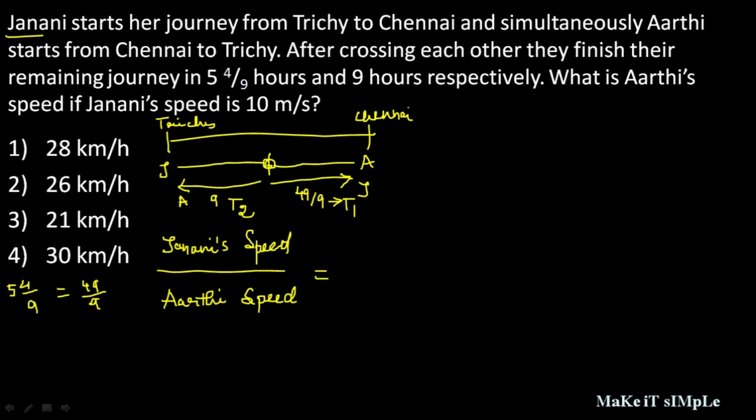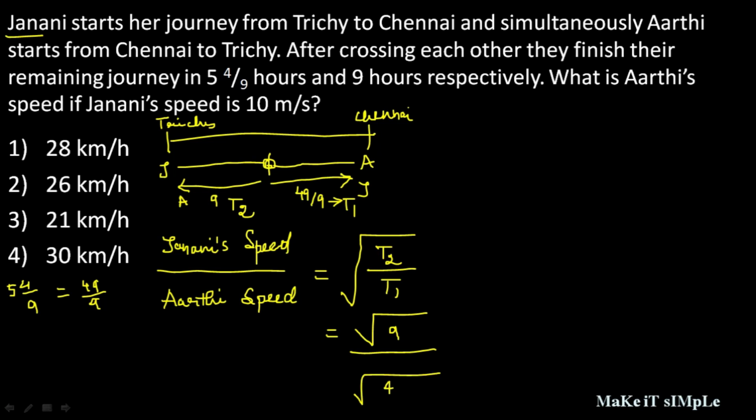Now here we will be getting the root of T2 by T1. This is the formula. So when we substitute our values, we are getting T2 as 9 and T1 as 49/9. When we solve it, we will be getting 9 into 9 divided by root 49.